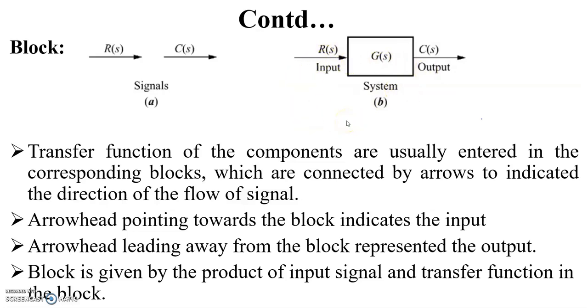The arrowhead pointed towards the block indicates the input, and the arrowhead leading away from the block indicates the output. Such arrowheads are referred to as signals. The output signal from the block is given by the product of the input and the transfer function in that block. So C(s) is nothing but G(s) into R(s).